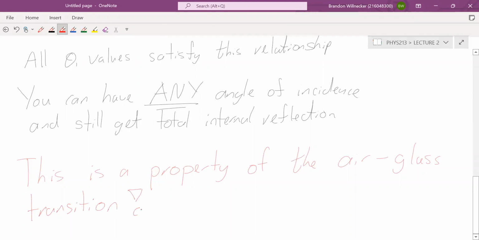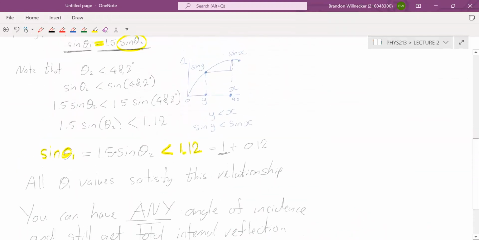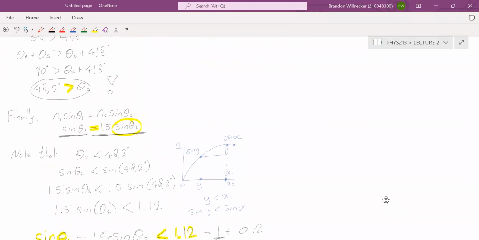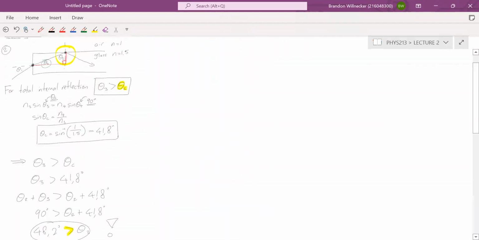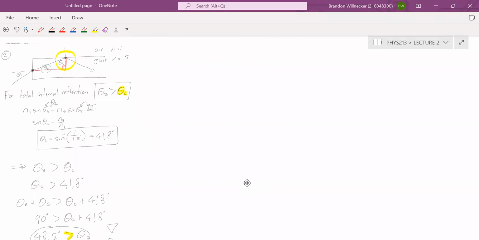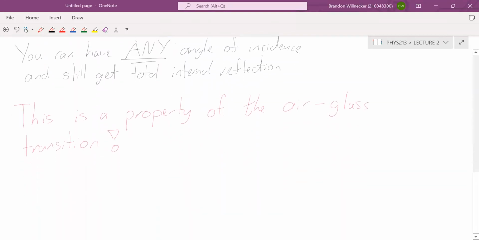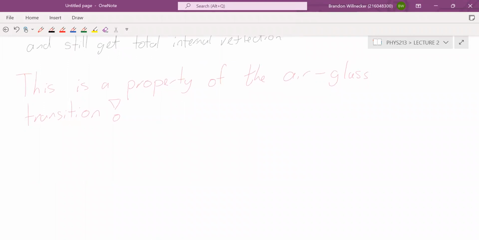Okay, it's not a universal property, because remember, in all our calculations, we assumed it was going from air to glass. In other words, from n equals 1 to n equals 1.5. It doesn't work for all ratios. Okay, if this were plastic, you might get something different. Okay, so with that in mind, we've got our first homework problem.